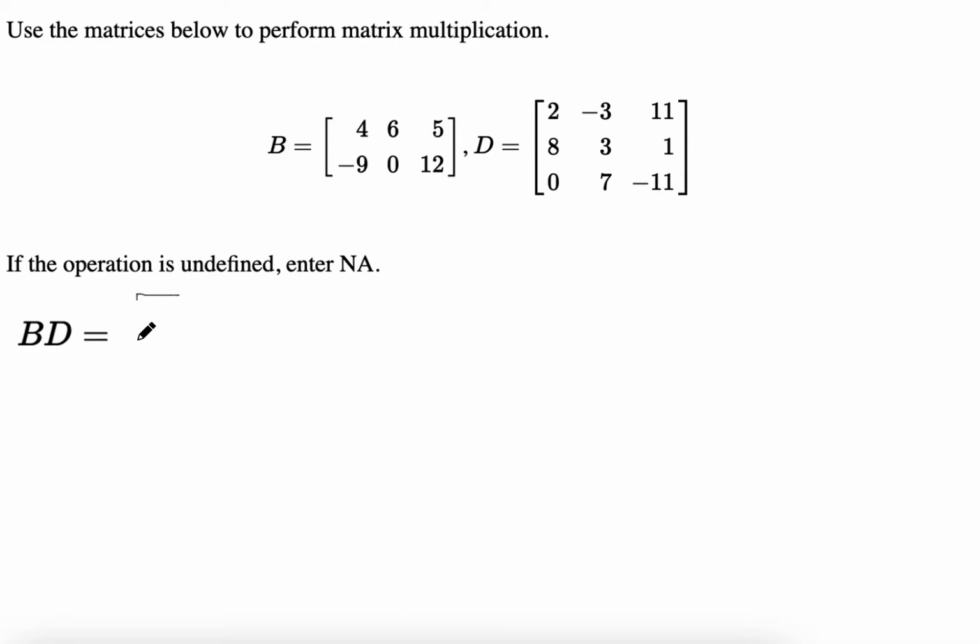So if we draw that out, there's 2 rows and there's 3 columns.